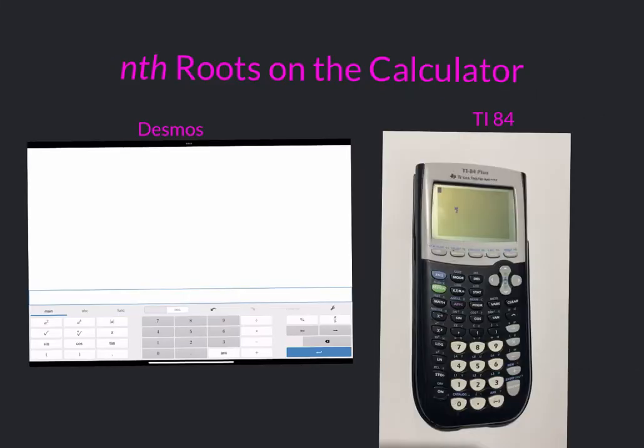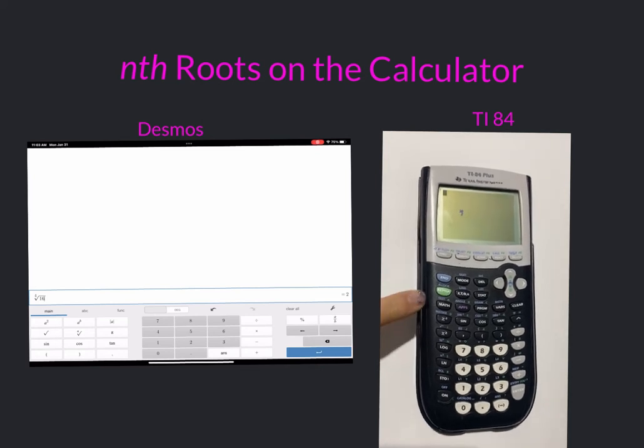There's a way to take nth roots on a calculator. I have 2 calculators. Here's a scientific Desmos. They have a little nth root square root down here. You just press that and then input which root. Let's say the 4th root of 16, and the answer's over here, 2.